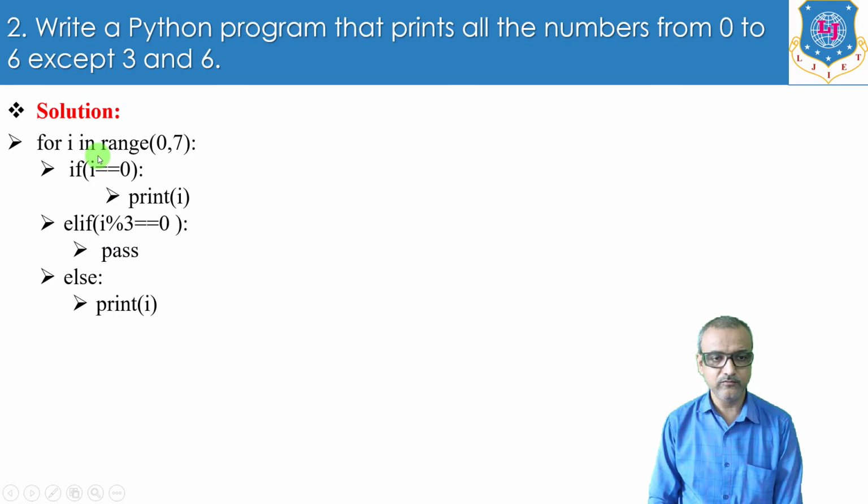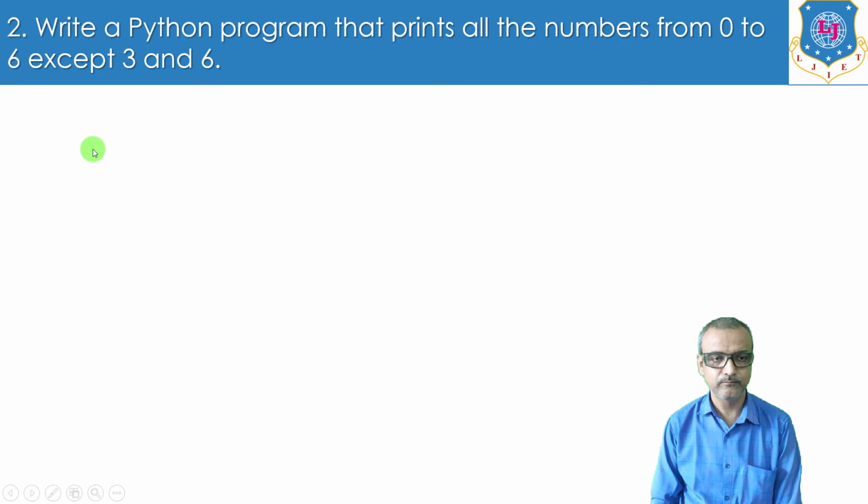For i equals 4, print i will be executed. For i equals 5, print i will be executed. For i equals 6, 6 modulo 3 equals 0 is satisfied but it won't do anything. So finally we have the required output: 0, 1, 2, 4 and 5.